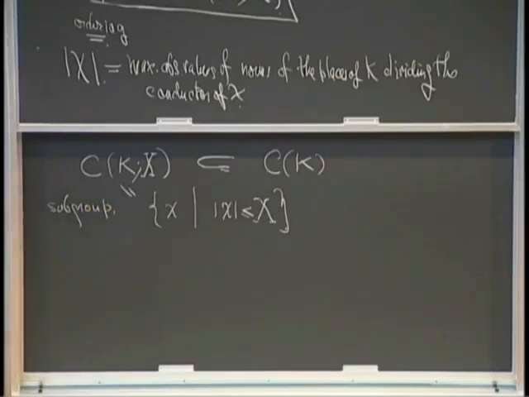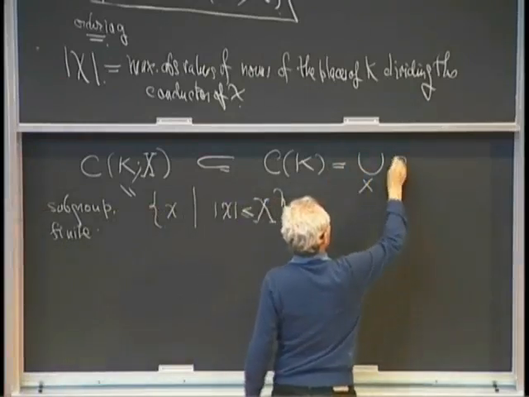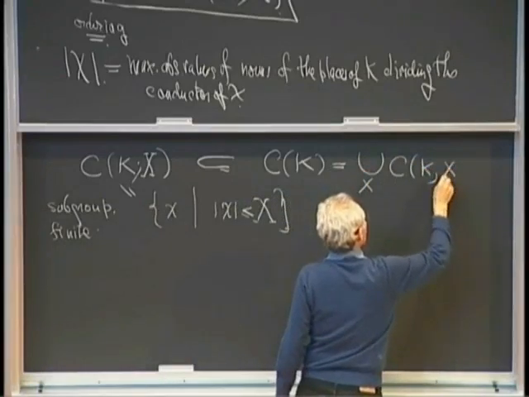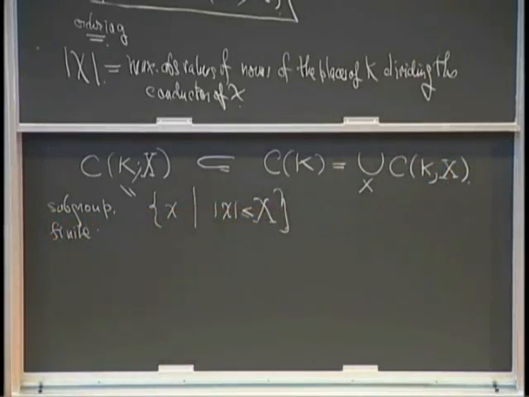It's not only a subgroup, it's a finite subgroup. And of course, the union of all of them is C_K itself. So I'm going to be dealing with that type of ordering. And I think I've described a lot of the title, elliptic curves, quadratic twist families. And now let me get to disparity.